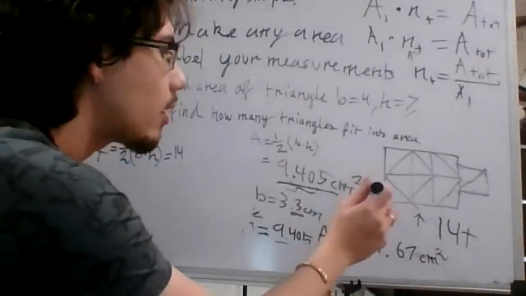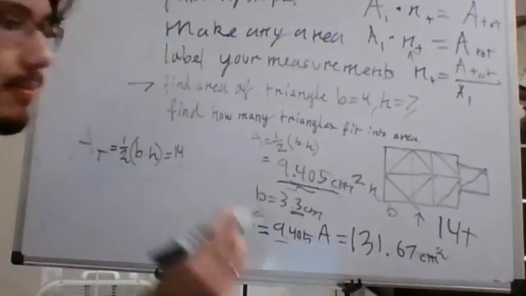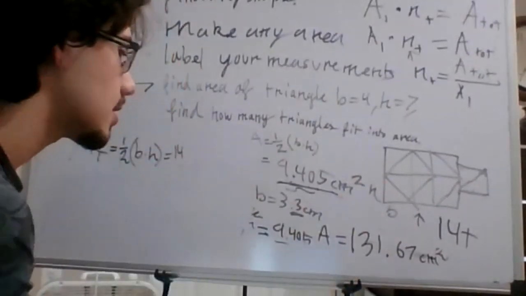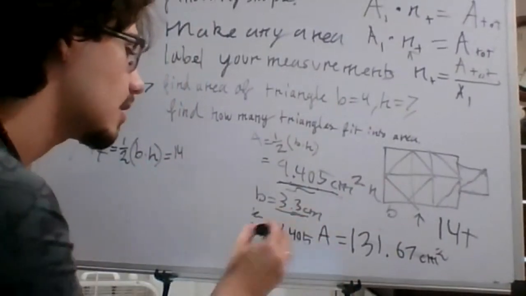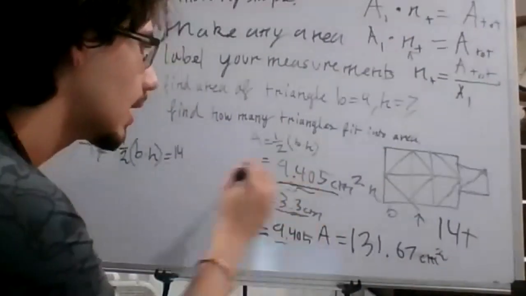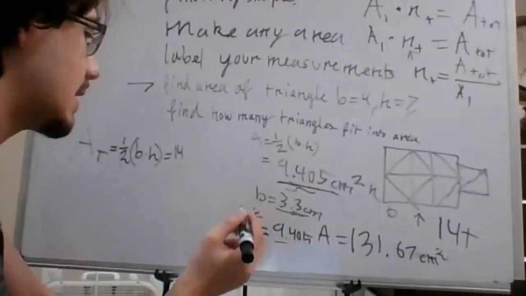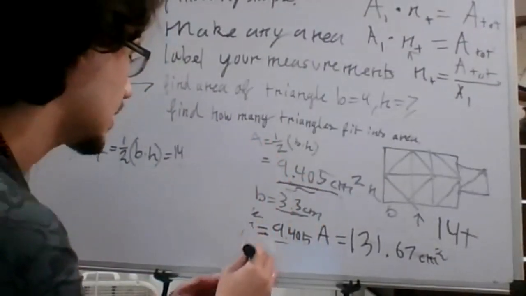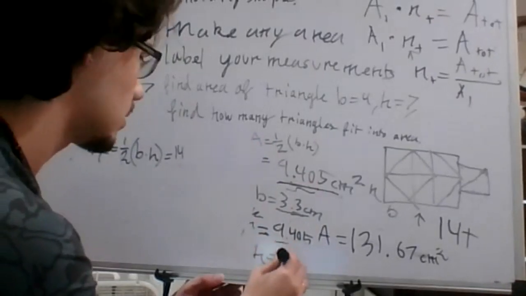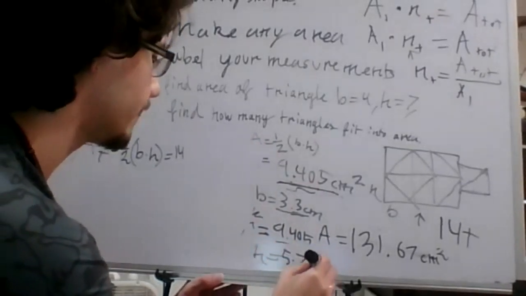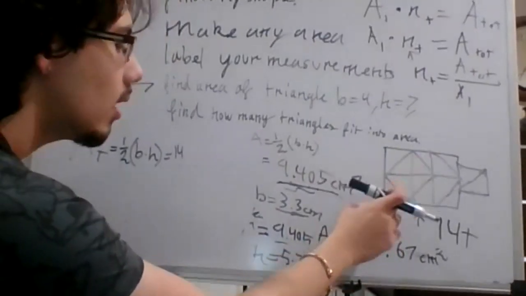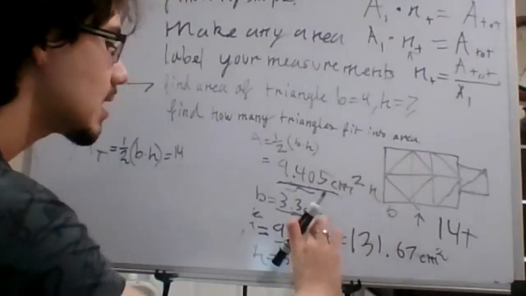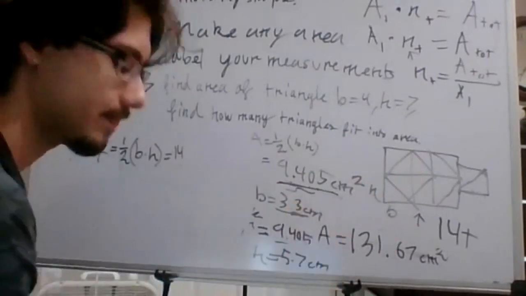So we said that our height and our base, which Miss Ariel started us off with, by saying our base was 3.3 centimeters and our height was 5.7 centimeters, wherever it is. We said, okay, our triangle will have this height and base, which is what we started off with.